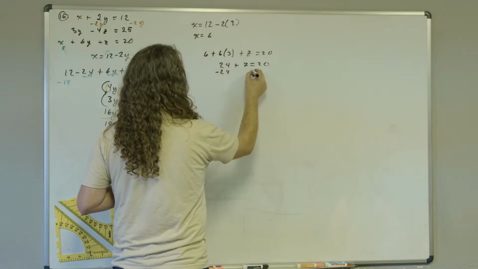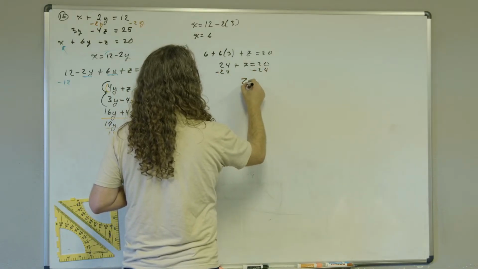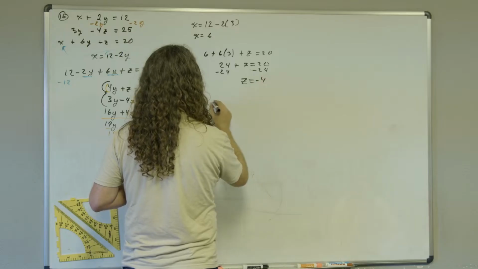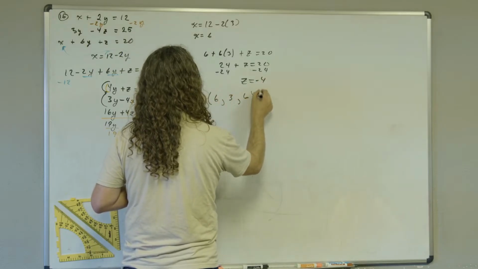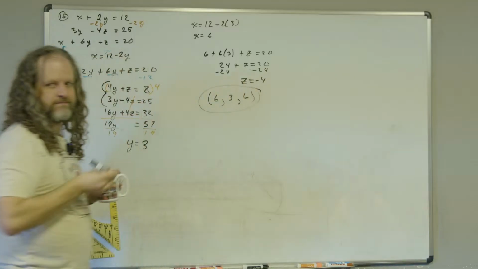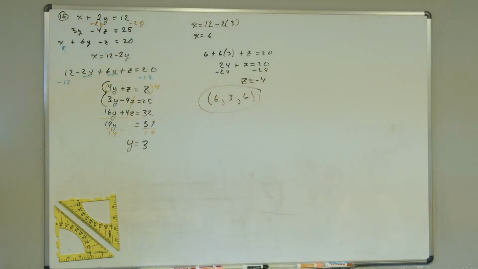Subtract 24 from both sides. z equals -4. Easy peasy, lemon squeezy. It's -4 for the last one.